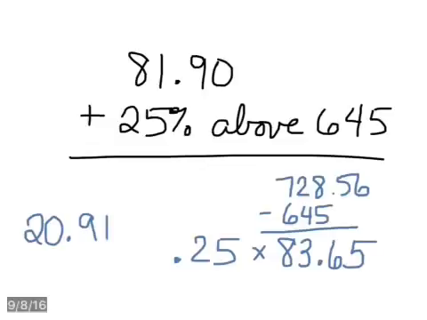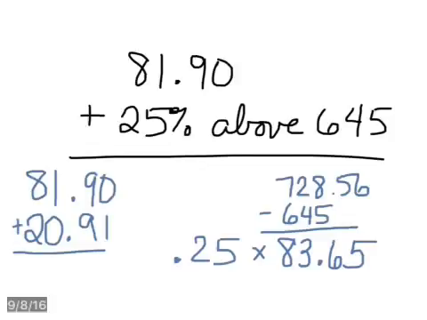Why did I lop it off at 91 and not do anything more with the 25? We're dealing with dollar amounts, right? And the 2 in 20.9125 does not bump the 1 up. That number that you just found was 25% on anything above the 645 bucks. That's what you just found. Then you have to take $81.90, because that's what it said, and add that number.